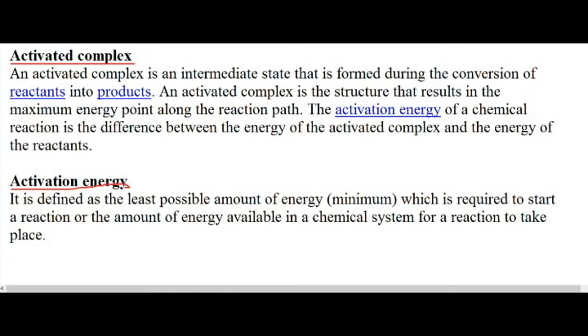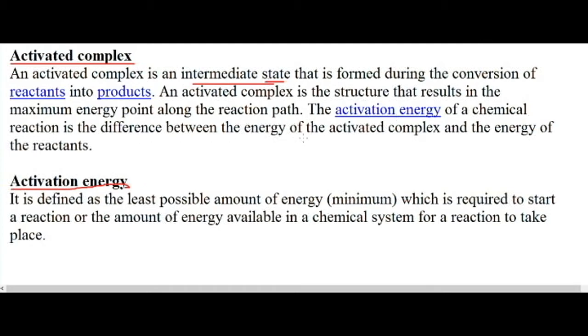And then the activated complex is an intermediate state that is formed during the conversion of reactant into product. So this is the intermediate activated complex, and the activated complex is the structure at the maximum energy point along the reaction path.